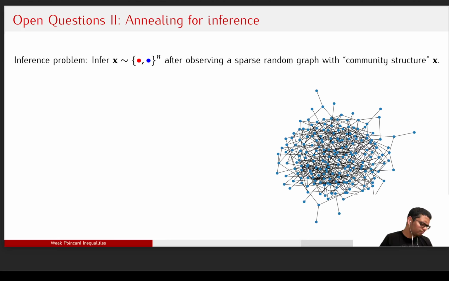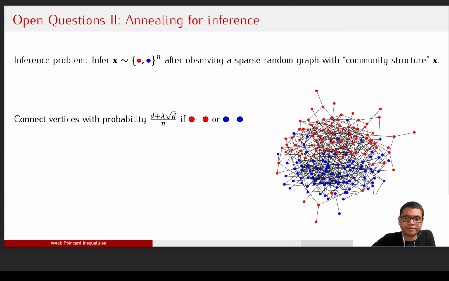Okay, so now just to go in a pretty different direction, the broad direction here is whether we can give provable guarantees for simulated annealing in the context of inference. But just to tell you all a concrete problem, consider a graph drawn from the stochastic block model. In the stochastic block model, each vertex is colored either red or blue. You have some underlying set of vertices, colored red or blue.